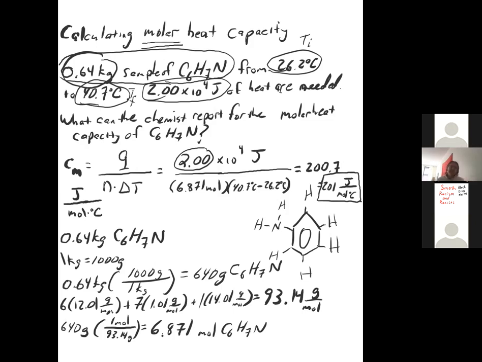But that was specific heat capacity. This is molar heat capacity, so the molar heat capacities are higher. They can be in the hundreds. Specific heat: metals less than 1, non-metals greater than 1. Molar heat capacities are going to be in the hundreds here. So just be careful with that.